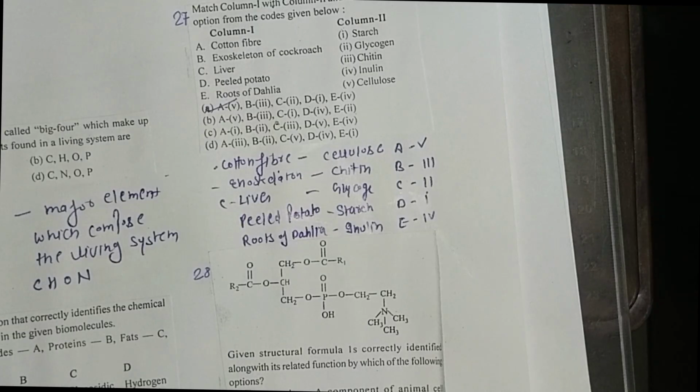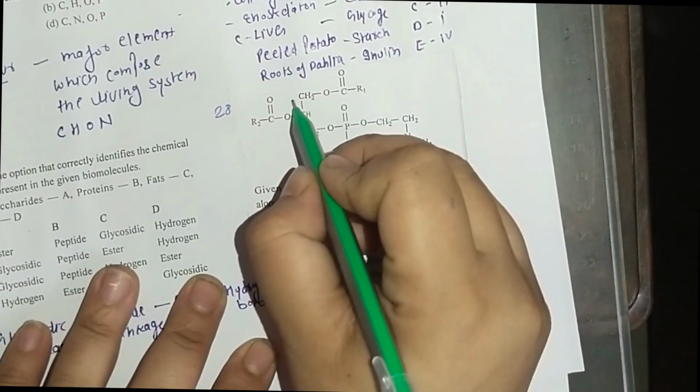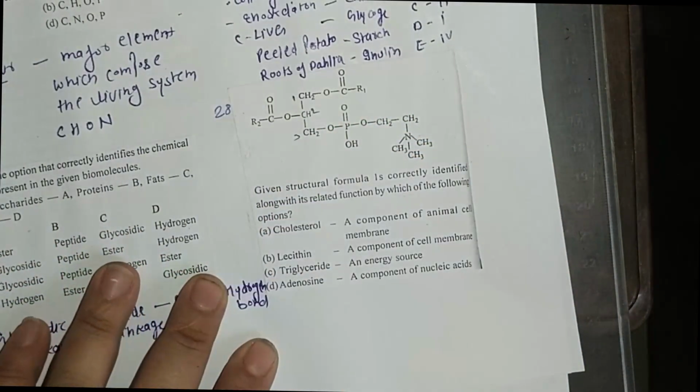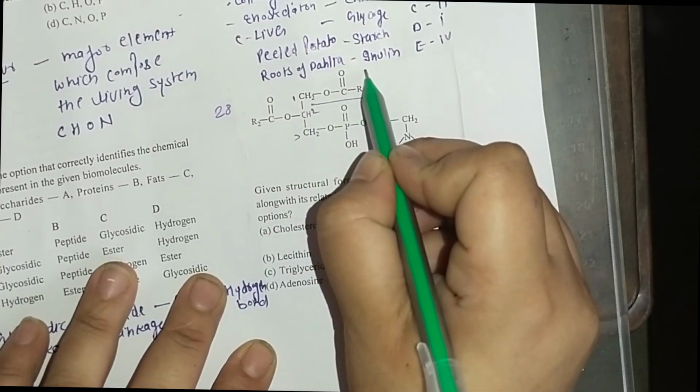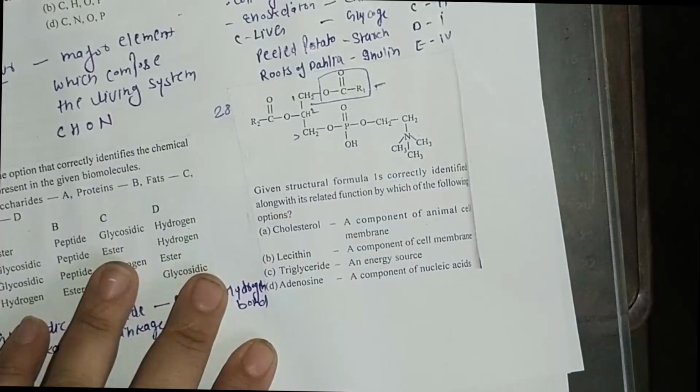The next question is, identify the structural formula correctly along with the related function in the following options. Okay, so this is a structure. See, this is the first carbon, second carbon, third carbon. This is RCOOH, one fatty acid.